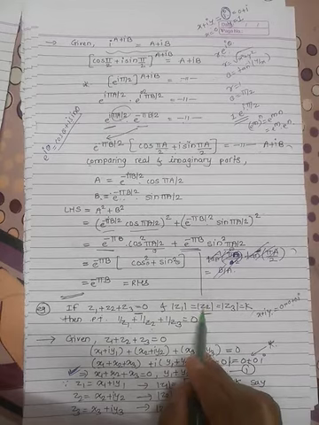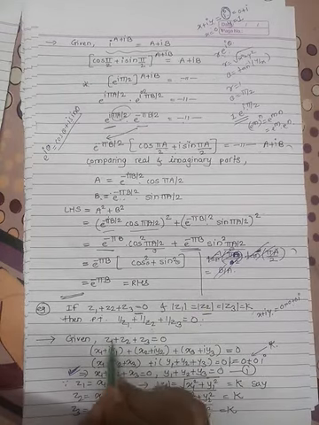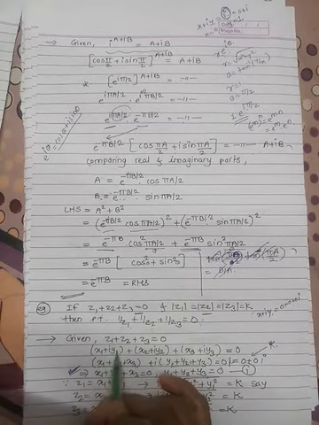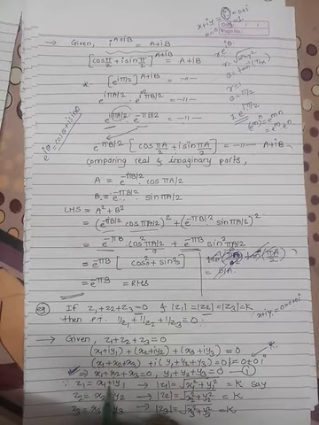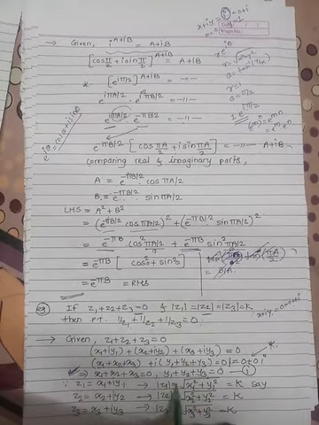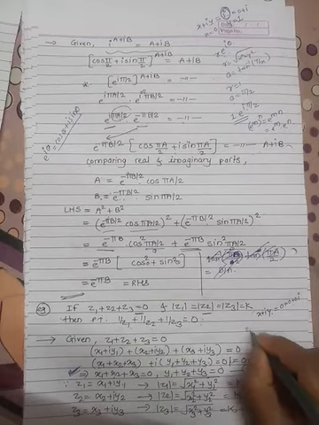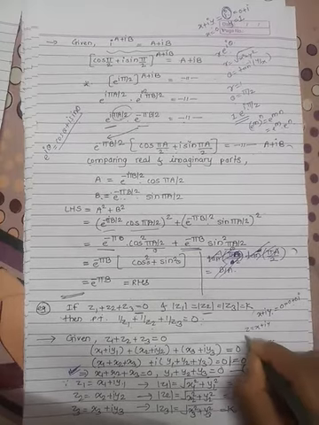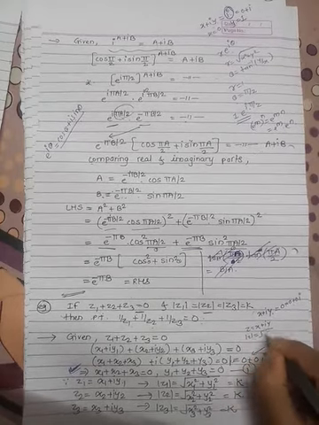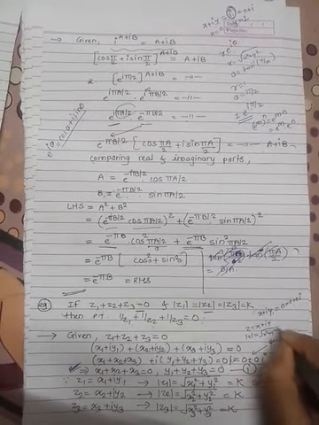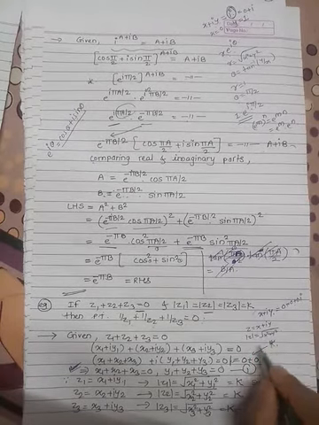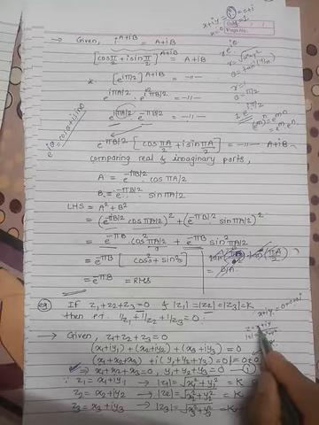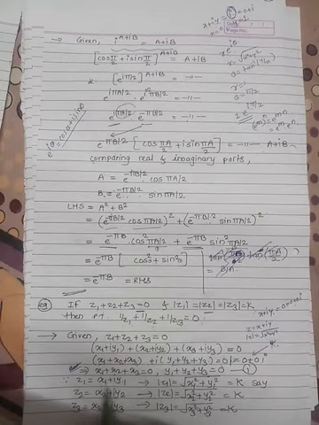Now consider the second equation, mod z1. As we have put z1 equal to x1 plus iy1, then the modulus of z1 is, there is a formula, if z is equal to x plus iy, then its modulus value is the square root of x square plus y square. Modulus value means r value, square root of real part square plus imaginary part square.